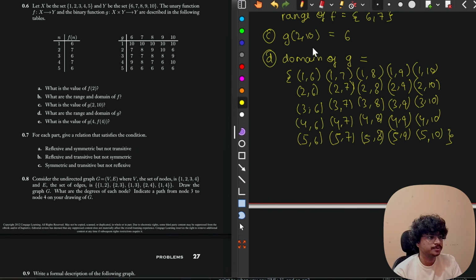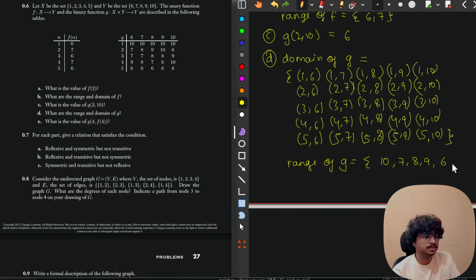And what is the range? This is going to be small, I think. I see 10, 7, 8, 9, 6, and that's it.